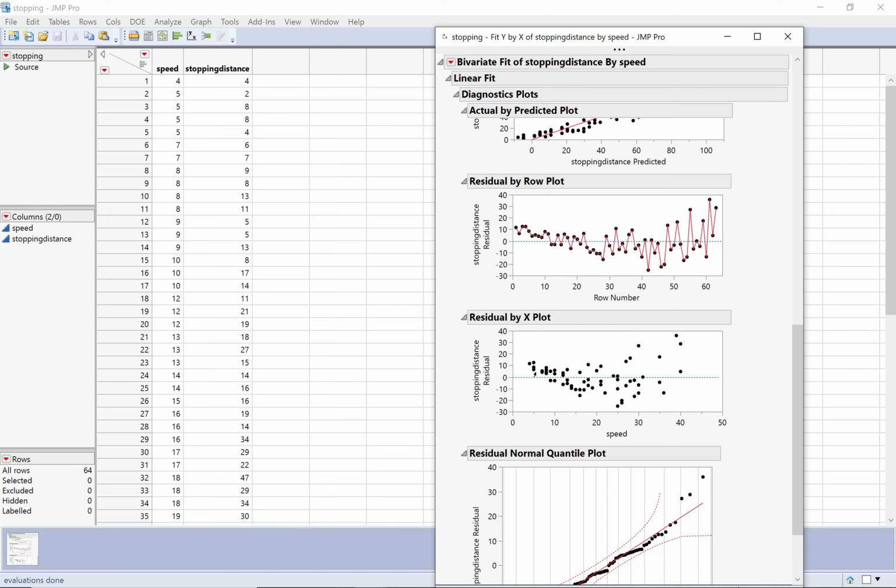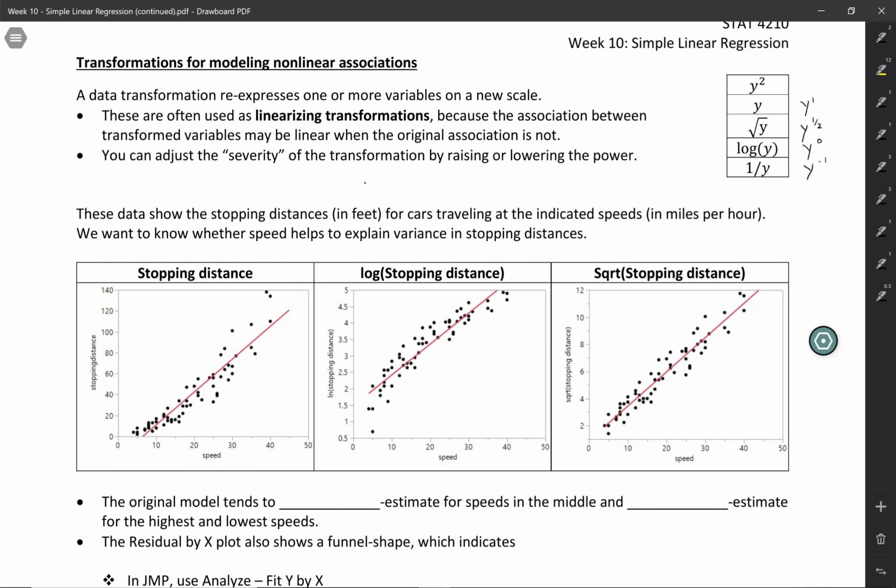The actual values are higher than the predicted values, which means the model would be underestimating. So with the original model, it would overestimate for speeds in the middle, but it would underestimate for the highest and the lowest speeds, on both ends here.